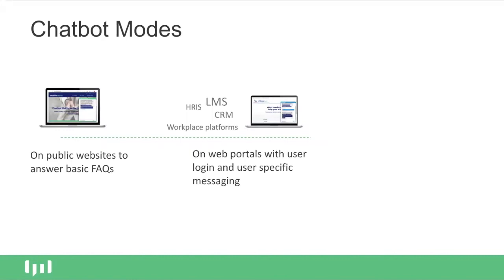The next mode is having a chatbot on a web portal or on a persistent desktop platform. This is very similar in terms of functionality to the first, where it is a chat window that pops open on your computer. The difference, though, is that because it's a web portal, it can know who you are. So in this first example, everyone's an anonymous user.